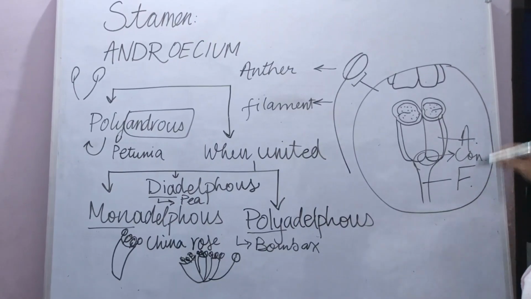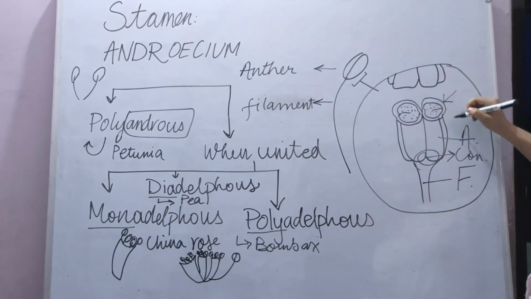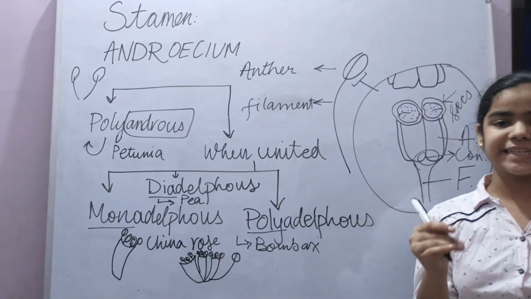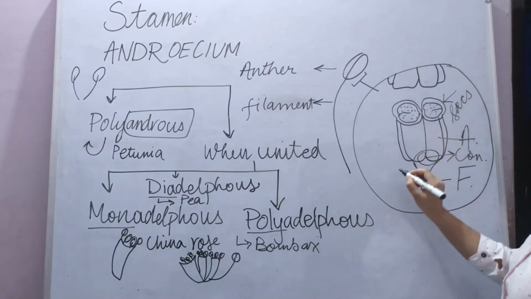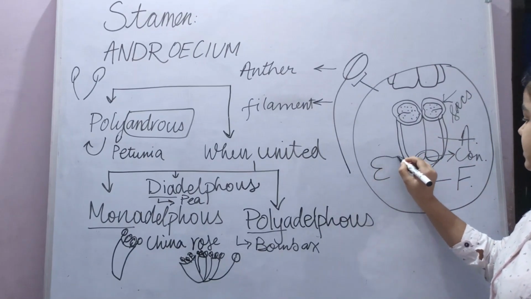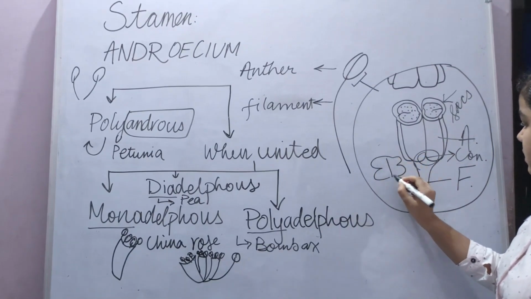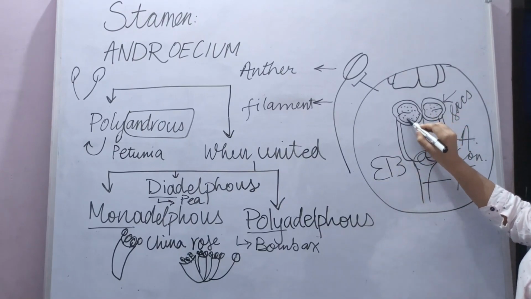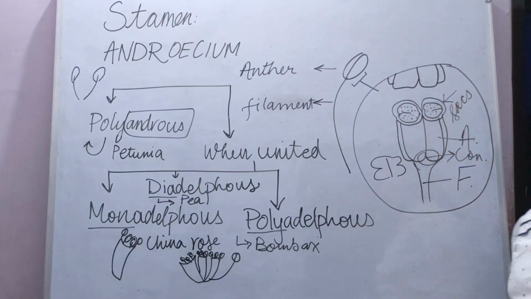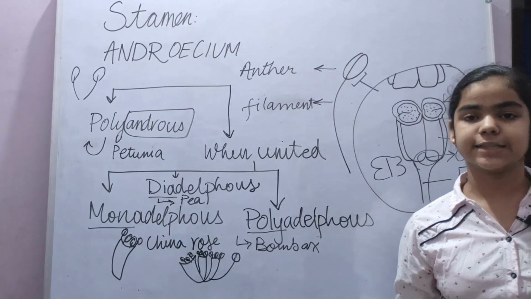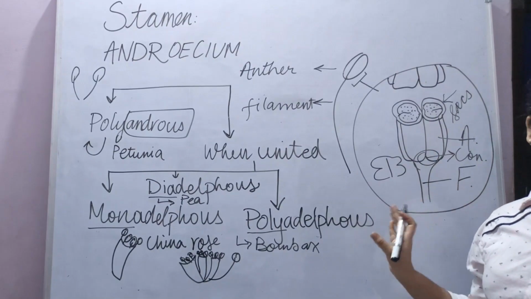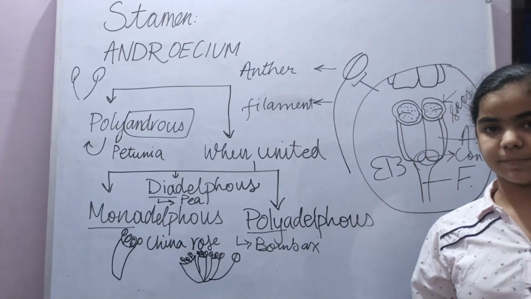Now see, mainly there are 4 sacs, 4 bundles. Here it seems somewhat divided 1, 2, 3 and 4. Here also you can see the same thing. Now these dot-like structures are pollen grains. The pollen grains are contained in the pollen sacs of the anther of the androecium.